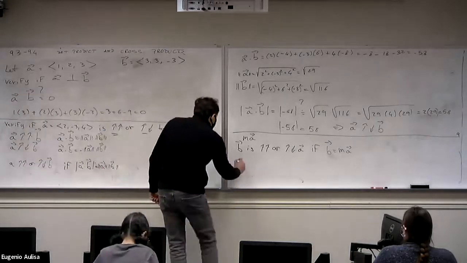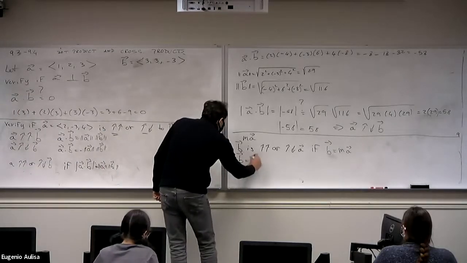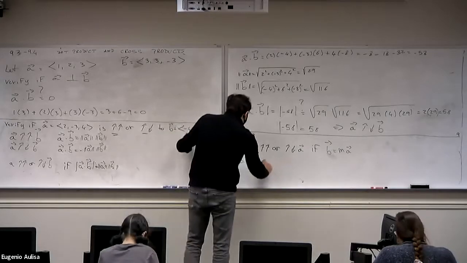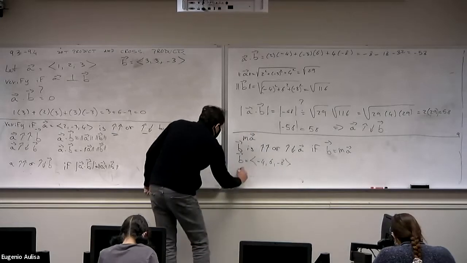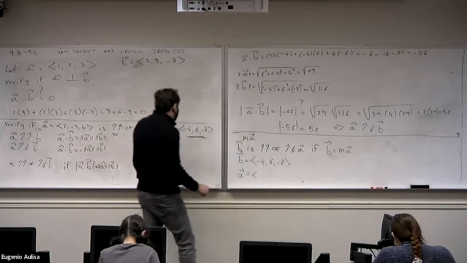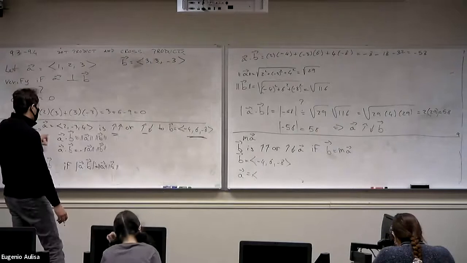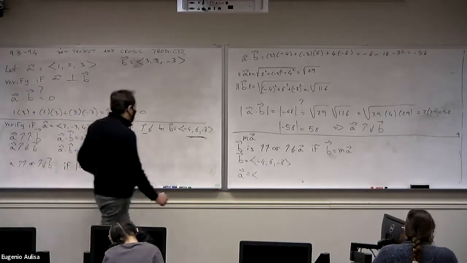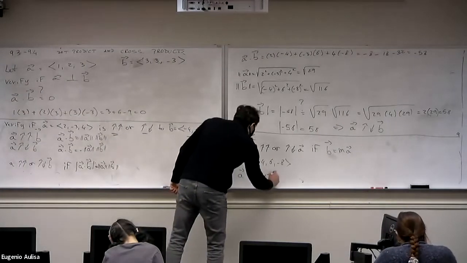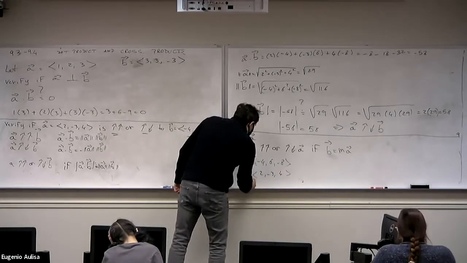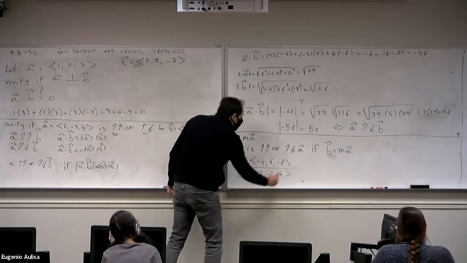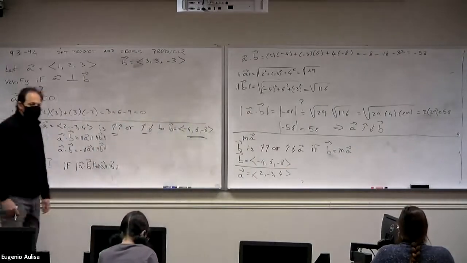So I put the vector B here, and I write -4, 6, -8. And a vector A here, which is, what is A? 2, -3, 4. And then I'm dividing, so it's like a division of these two vectors.